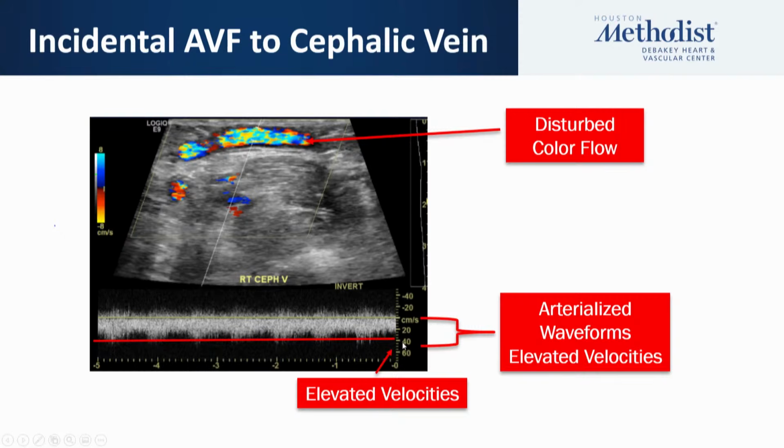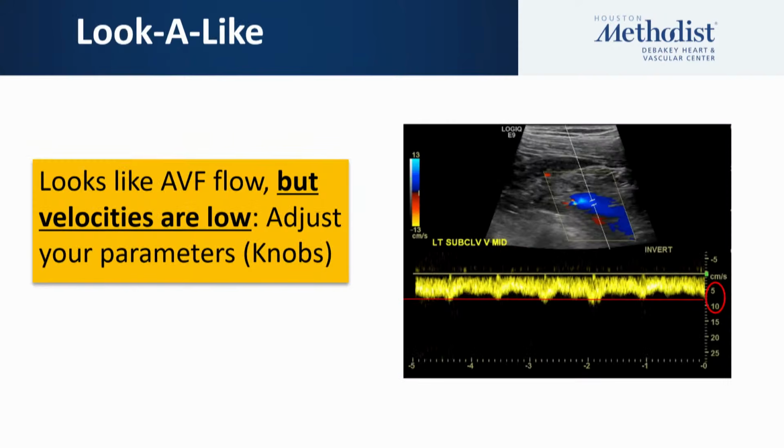They're only 40 centimeters per second. But these waveforms are arterialized along with a disturbed flow and spectral broadening. We can assume here that there's an incidental arteriovenous fistula detected in that vein, probably from a previous intervention or peripheral IV, etc.